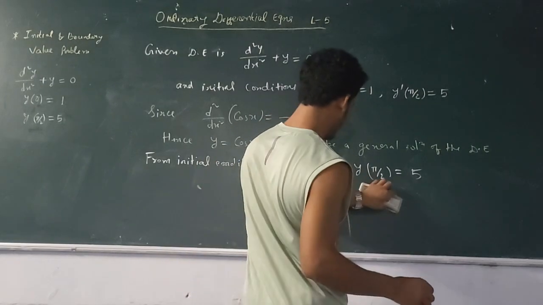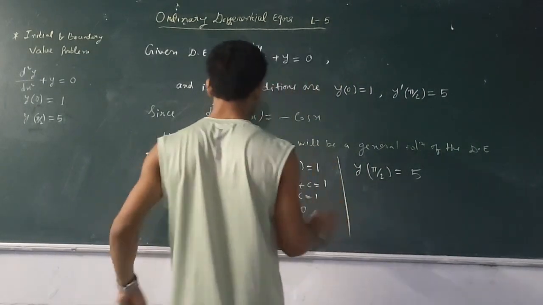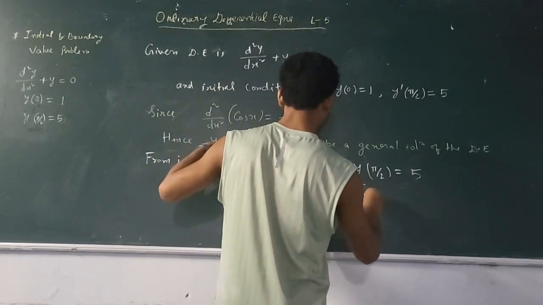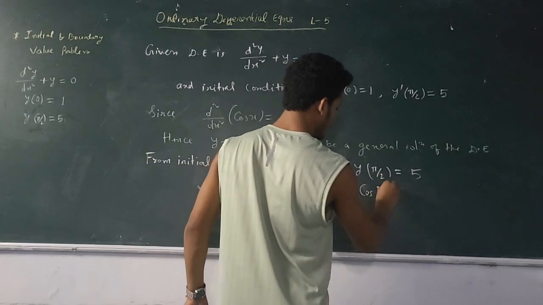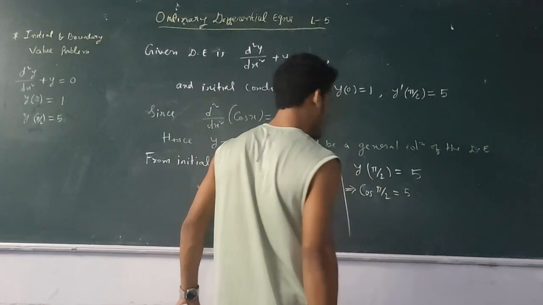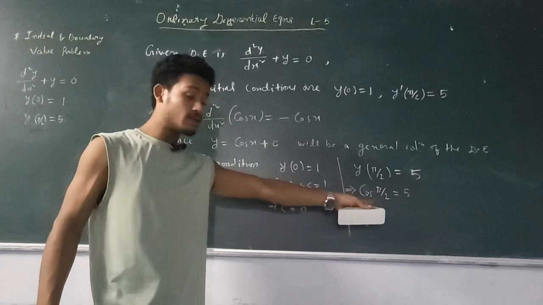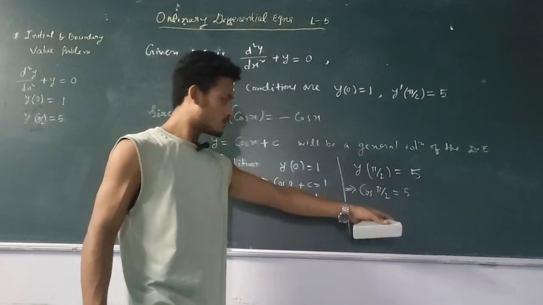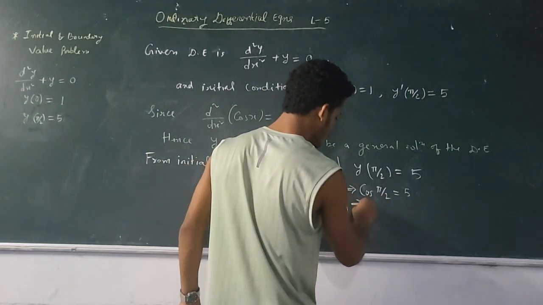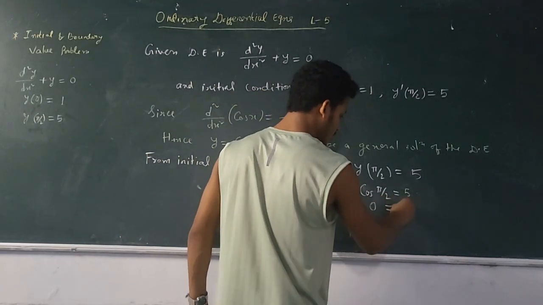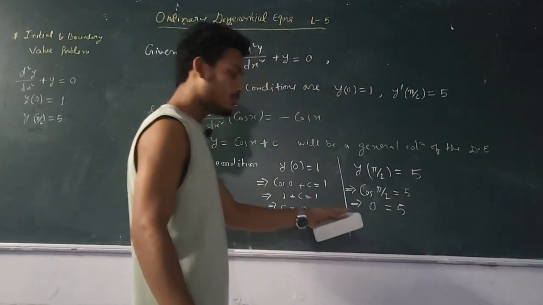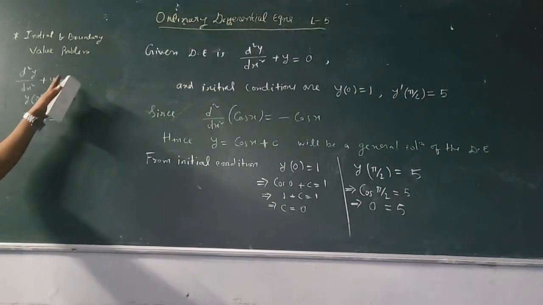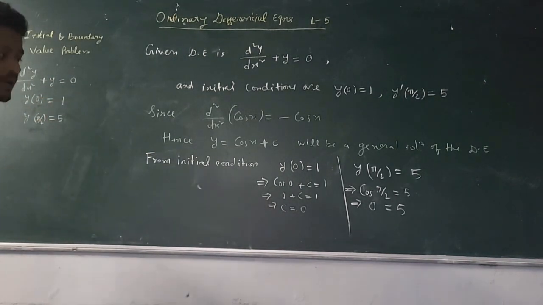So put x is equal to pi by 2. This will imply minus sin pi by 2 is equal to 5. What is the value of sin pi by 2? This will be 1, so minus 1 is equal to 5. Is it possible? That means this differential equation with this initial condition has no solution.